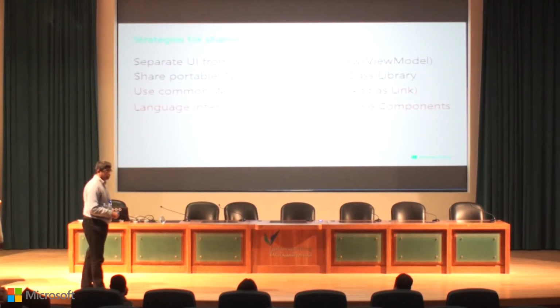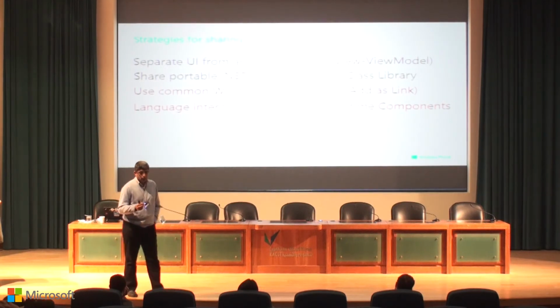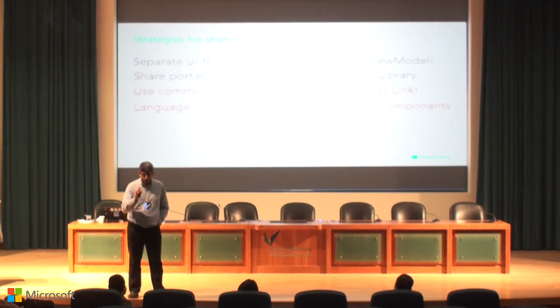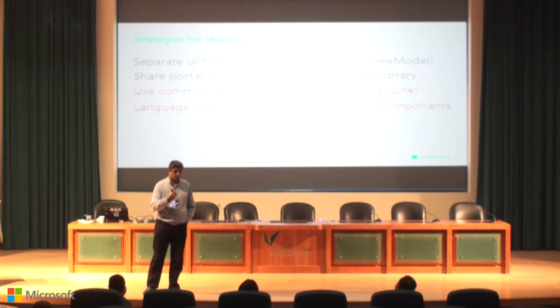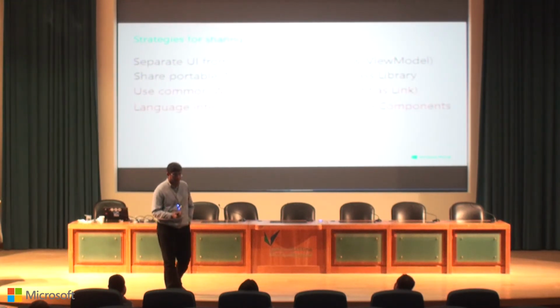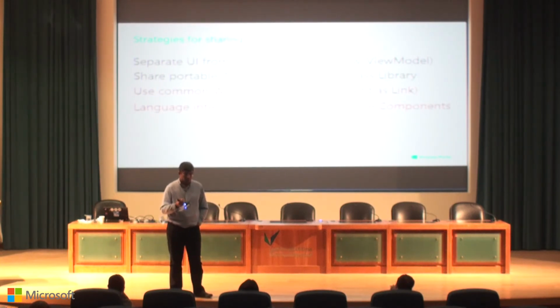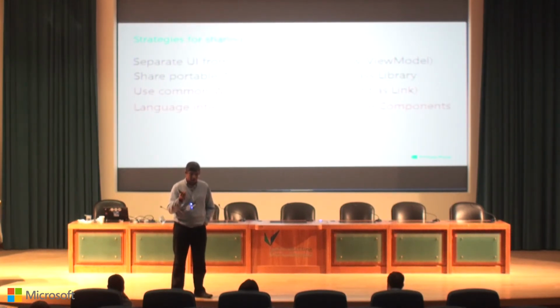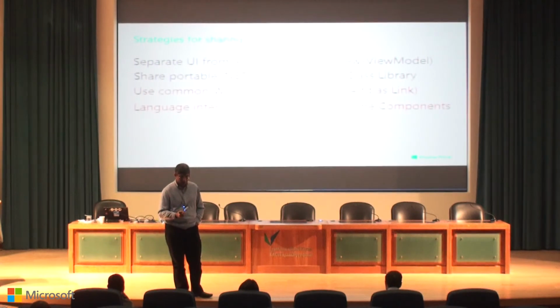And then you have something called language interop. We did this in the Windows 8 sessions that we did: if I have a class that I'm writing in C++, but I want to share it with my VB or C# counterparts, we have something known as language projection. So you could compile that as a WinRT component, and that will appear to you in C# or VB.NET as a native library.